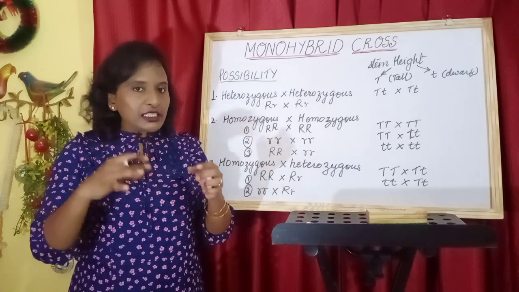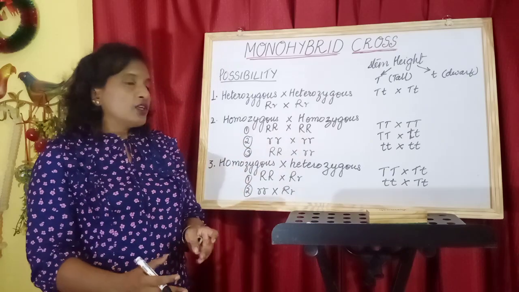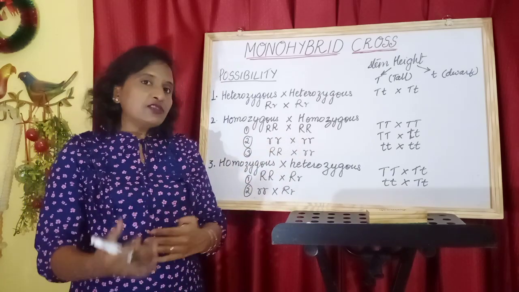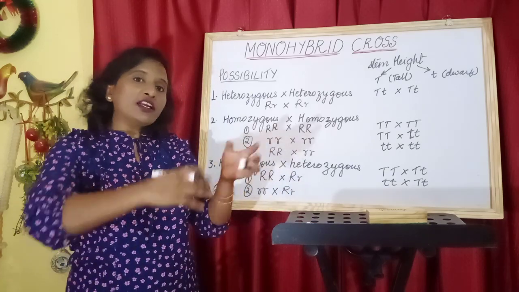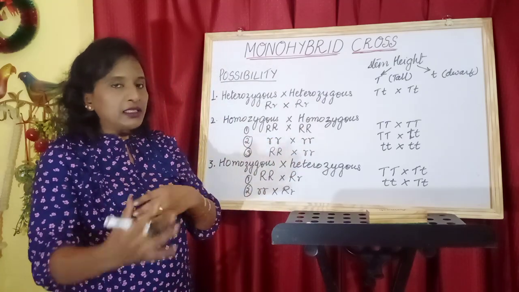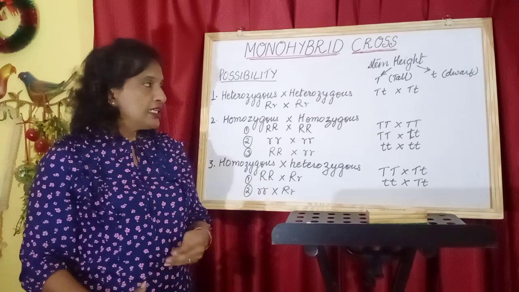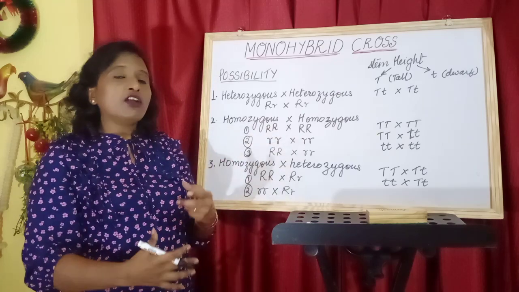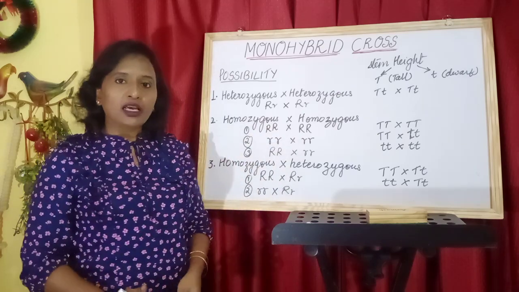I hope you all must have understood up to here. In the next class or next video we'll see what are the possible laws which were put forth by the Mendelian experiments, and how we can solve more problems based on monohybrid cross.